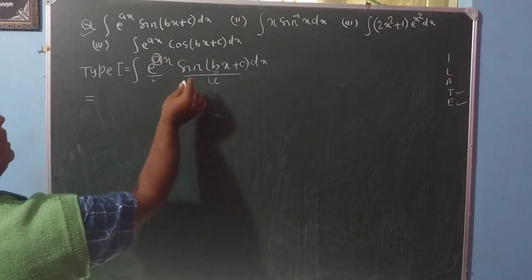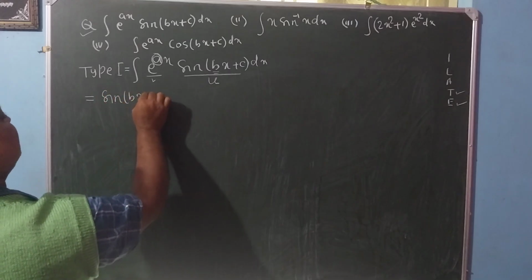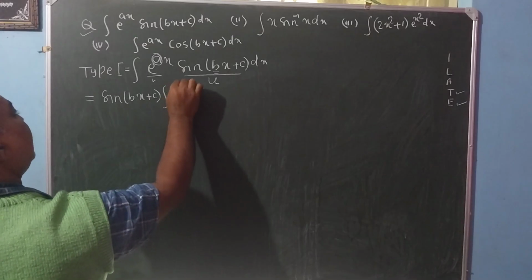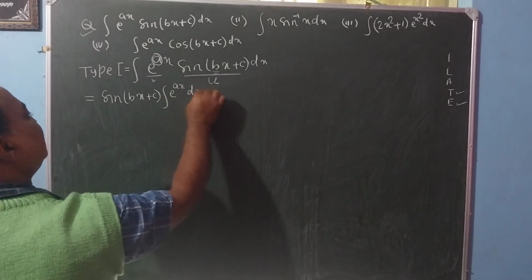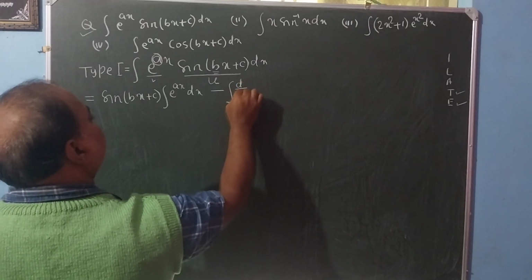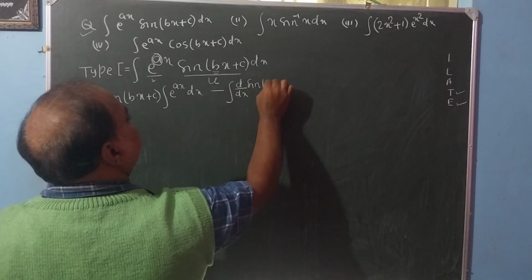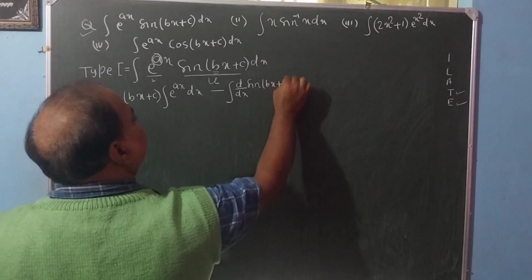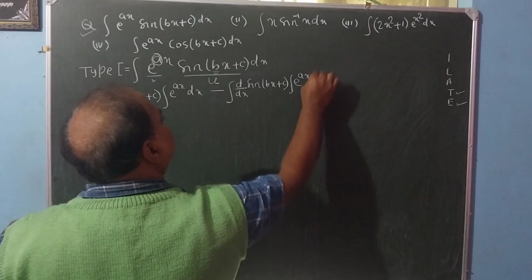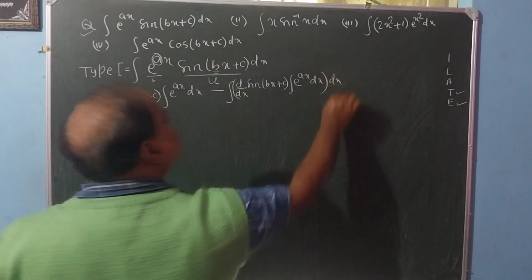First function sin(bx plus c) times integration of e to the power ax dx, minus integration of the derivative of the first function sin(bx plus c) times integration of e to the power ax dx, whole into dx.